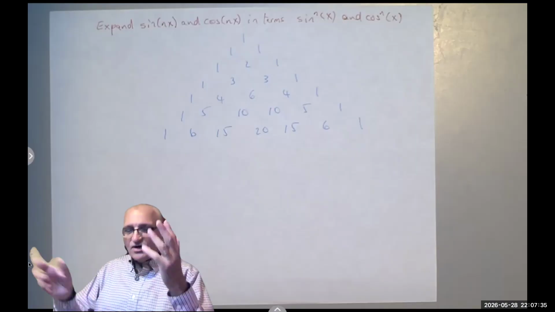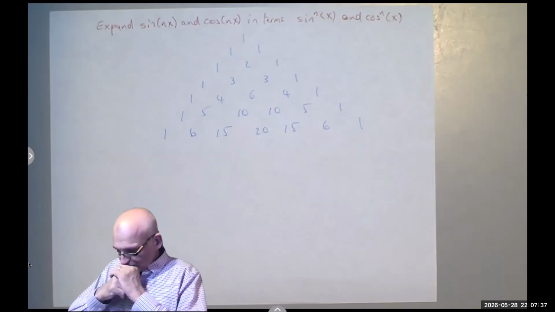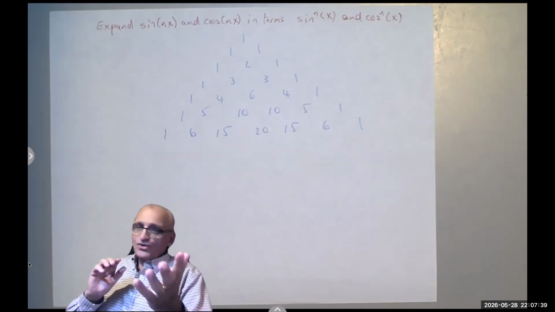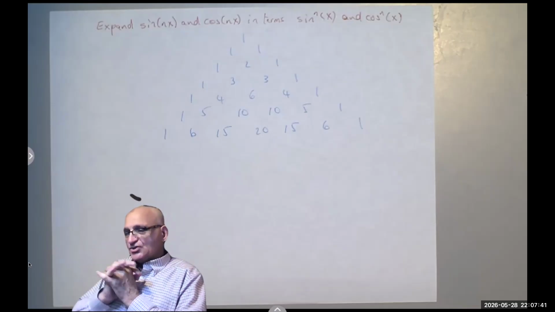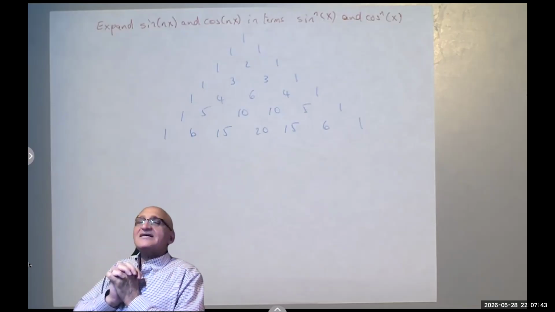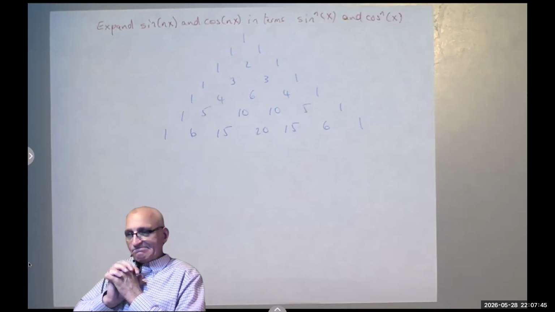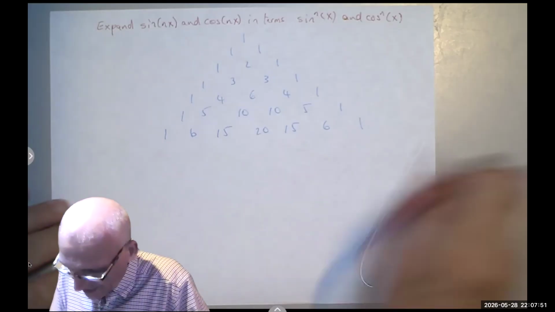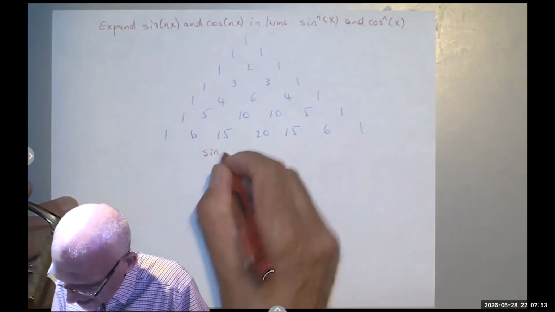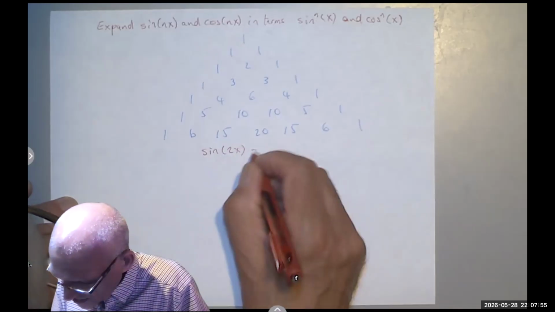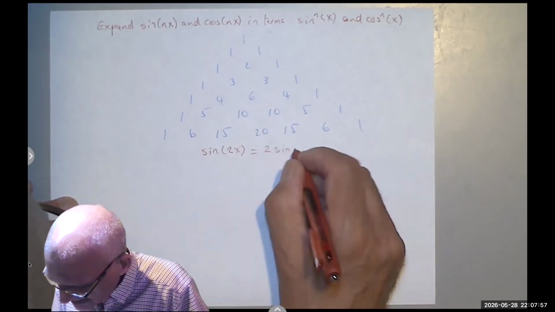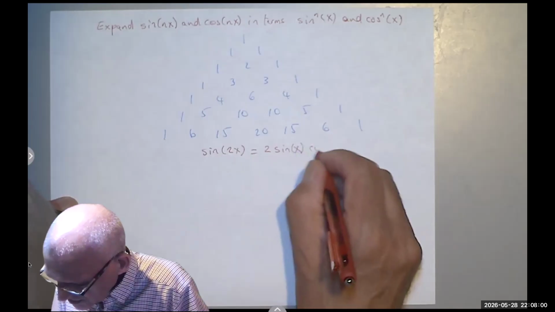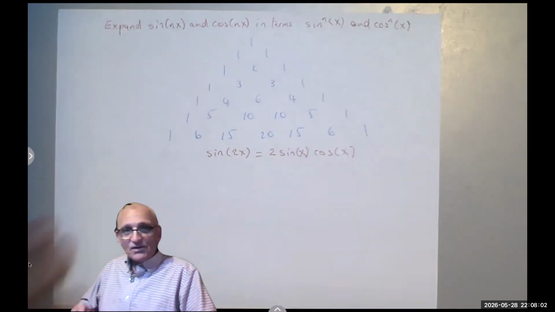How can I remember all of this? Of course you know, but I'm going to ask you, how do you expand sine 2x? You should know by now that sine 2x equals 2 sine x cos x, right?